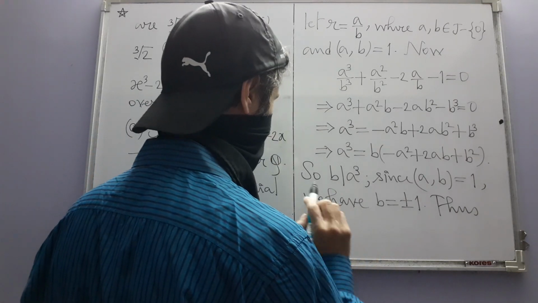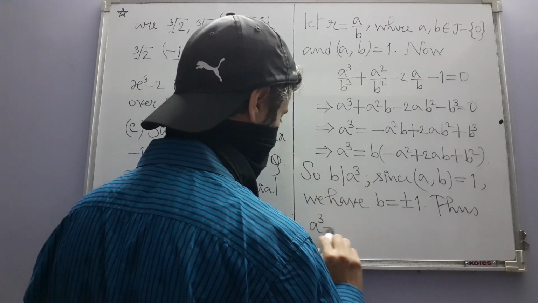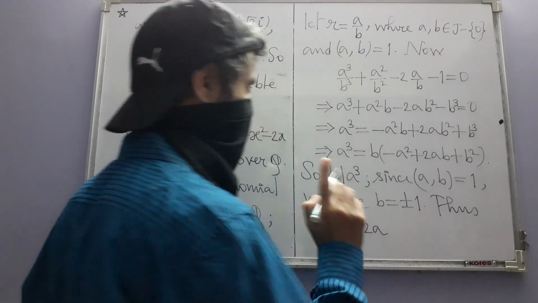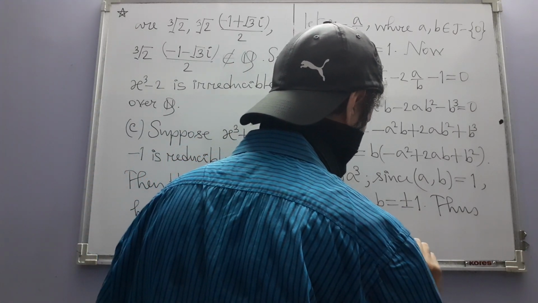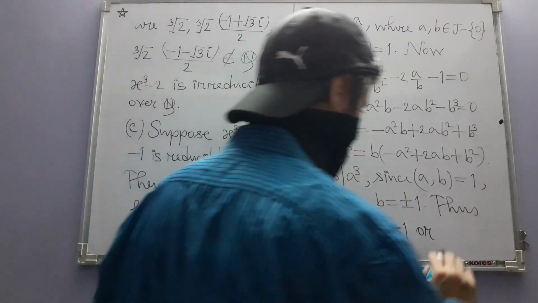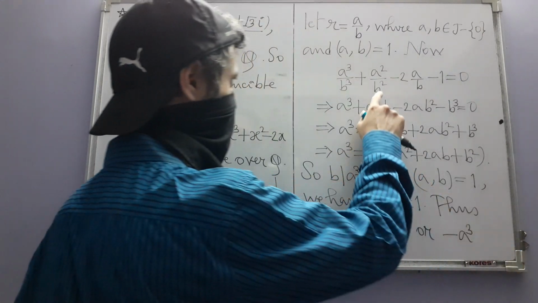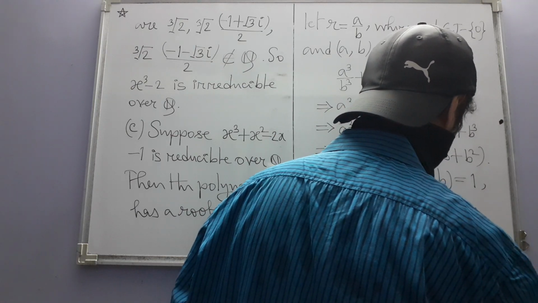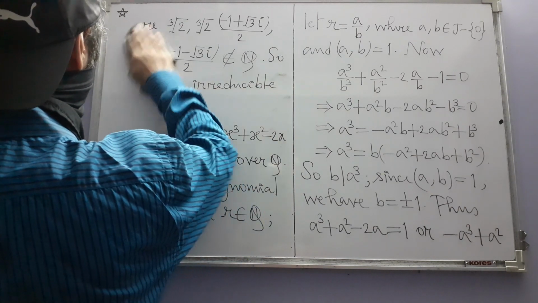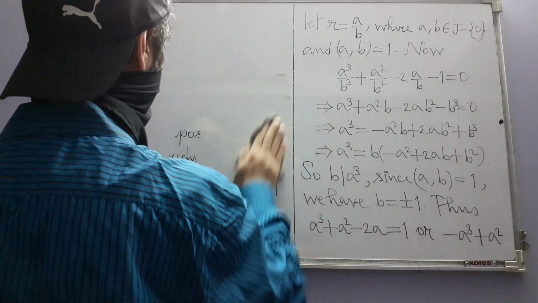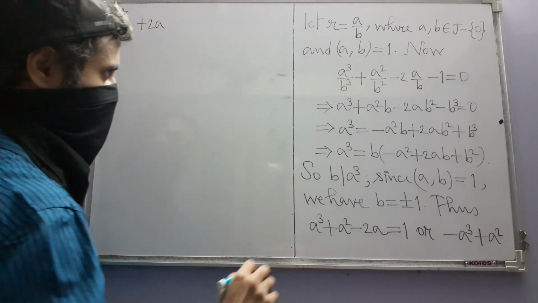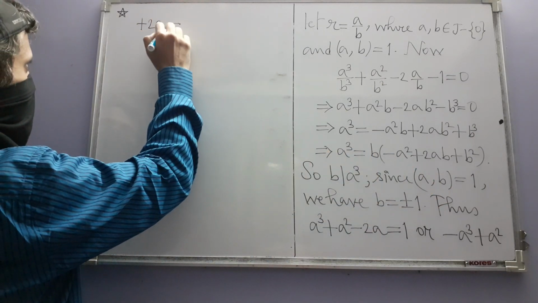So we are going to get one of the equations, this A cube plus A squared minus 2A minus 1 is equal to 0, but let me just directly write 1, okay, or if B is minus 1, then we will get minus A cube, this one will not change, plus A squared, this one will change, plus 2A and minus 1 of course is minus 1, which can be taken on that side.